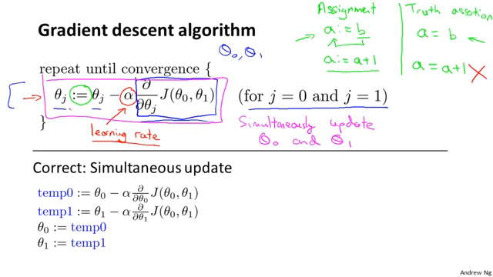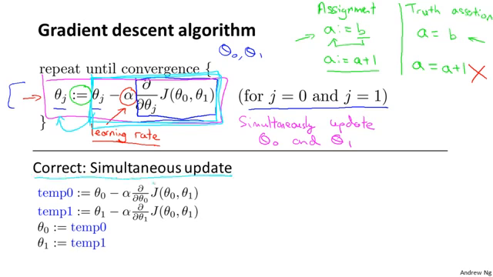What I mean by that is that in this equation, we're going to update theta 0 colon equals theta 0 minus something, and update theta 1 colon equals theta 1 minus something. And the way to implement this is you should compute the right-hand side, right? Compute that thing for theta 0 and theta 1, and then simultaneously, at the same time, update theta 0 and theta 1. Okay? So let me say what I mean by that.